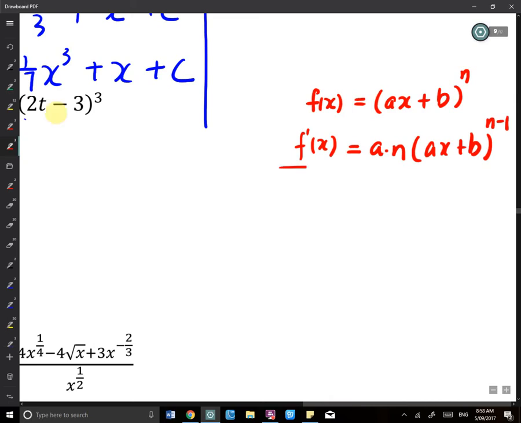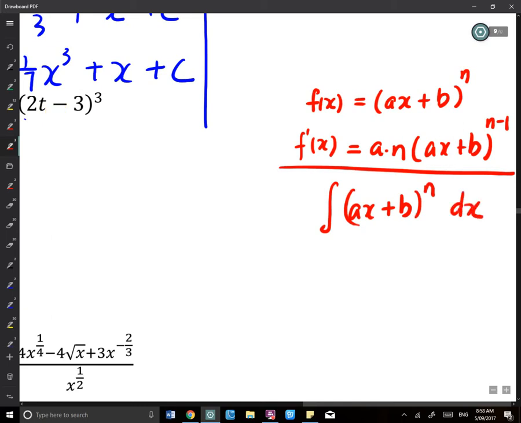That's the diff part. If you go to the anti-diff part, if you anti-diff ax plus b to the power of n dx, that is the same as ax plus b, where I increase the power by 1 and divide by the power, the same as x to the power of n.